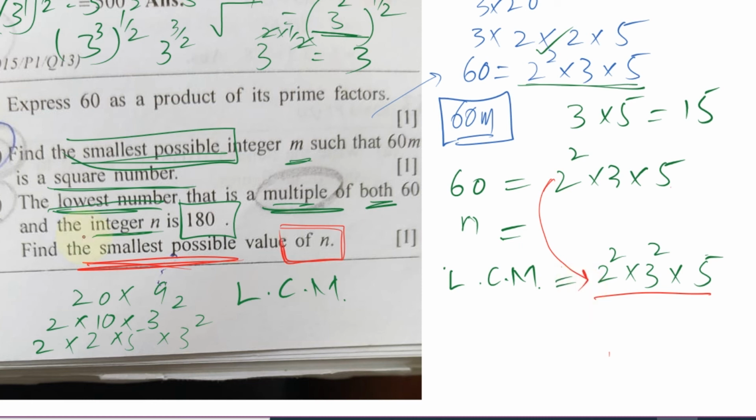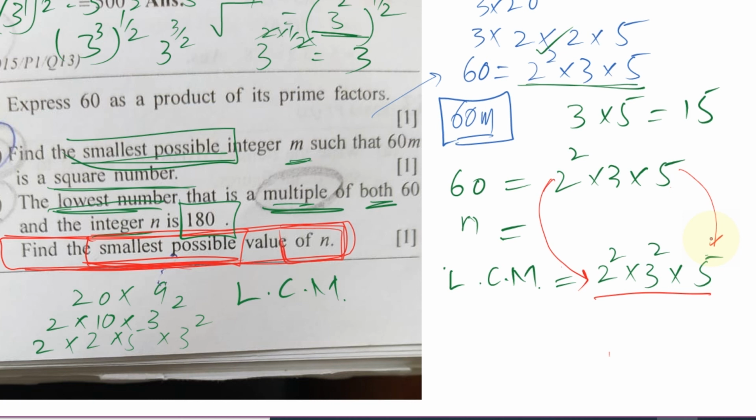As the statement of the question says, we have to keep n smallest possible. So there is no need to take 2. And the same is the case for 5. If we don't take 5 as the value of n, it makes no difference, because 5 can be taken from 60.